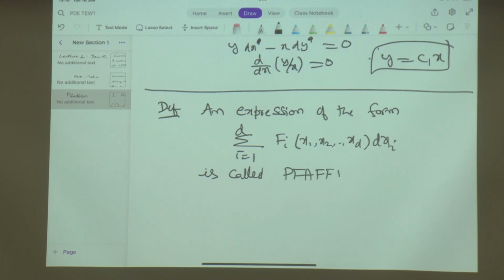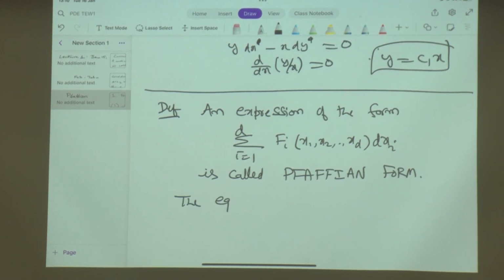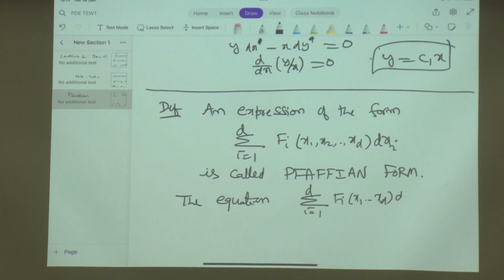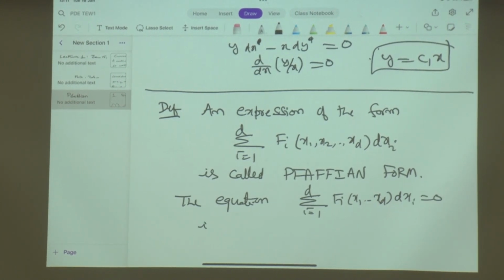So this is after the mathematician Pfaff. And the equation where I set it equal to 0 is called a Pfaffian equation, in d dimensions or d variables, x1, x2, ..., xd.